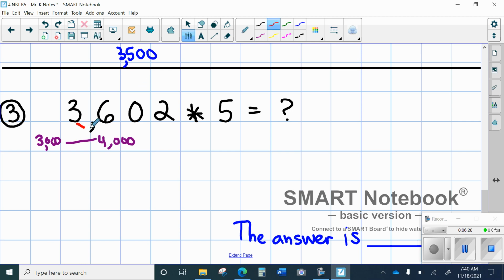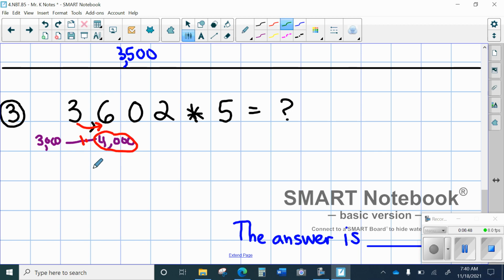Well, I look at the 6, the digit to the right, and I see that that 6 is past the middle, because a 5 would be in the middle. That means it's probably right about here. 3,602 is past 3,500, which is in the middle, which means it's going to be closer to 4,000. So 3,602 would round to 4,000.